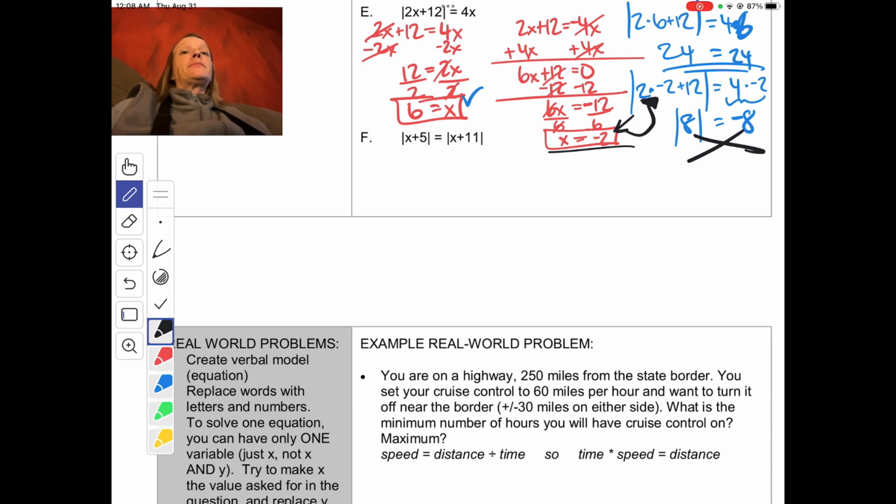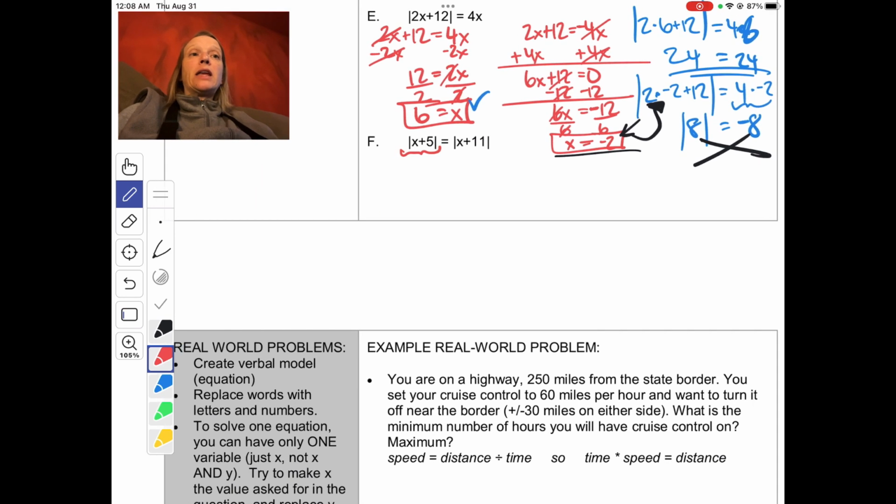Now, let's look at another example. The absolute value of x plus 5 equals the absolute value of x plus 11. We already have one of our absolute values isolated on one side of the equation, so this is ready to set up as two related equations, one positive, one negative. x plus 5 equals x plus 11.